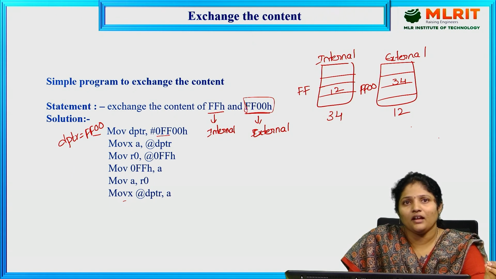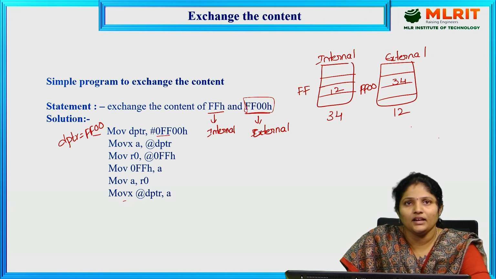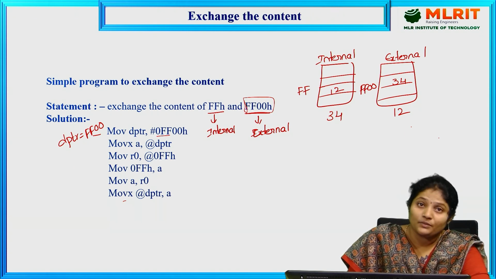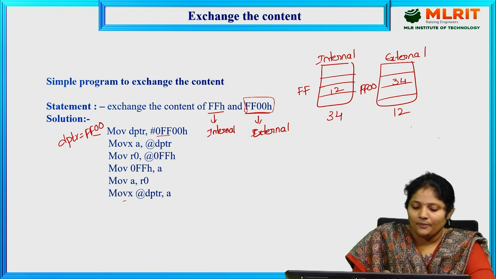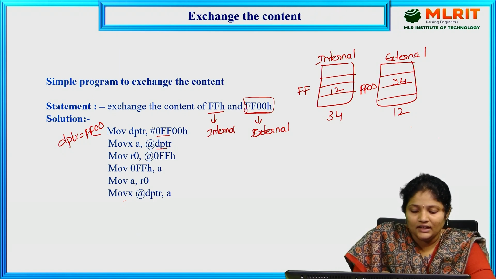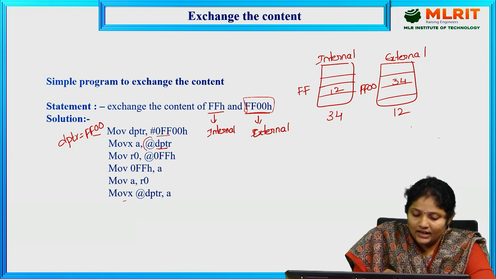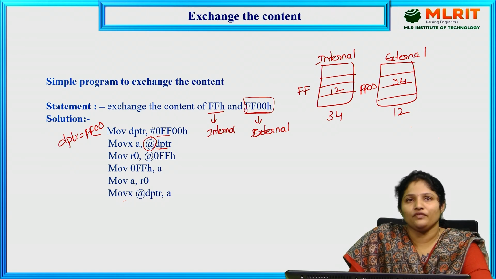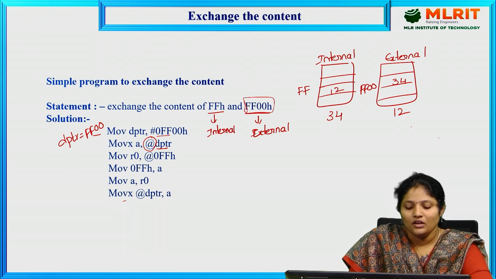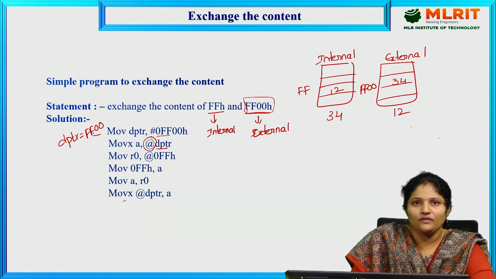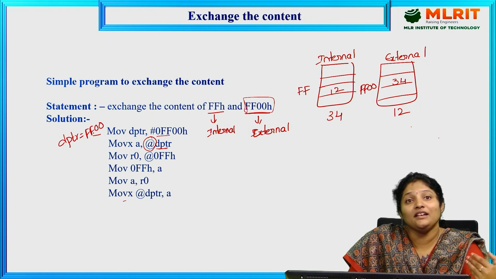When we are accessing the data from the external memory, you need to write MOVX so that the data can be fetched from the external memory. Here I am indirectly mentioning the content of the address present in the DPTR. The DPTR consists of FF00, but I need to access the content of FF00.